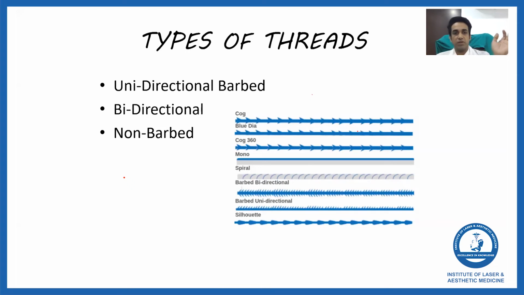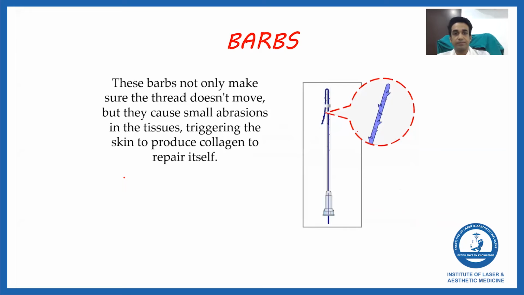Essentially, once you introduce a bidirectional thread, it is going to hook on to both sides and it cannot move. Unidirectional barbed wire has its advantage in the sense that when you introduce it, it is going to hook onto the skin. But if you don't like that particular look on the face of the patient, you can still have some leeway to correct that. With a bidirectional, this leeway is not there. Once done is done. If you like it or you don't like it, you have to be satisfied with it.